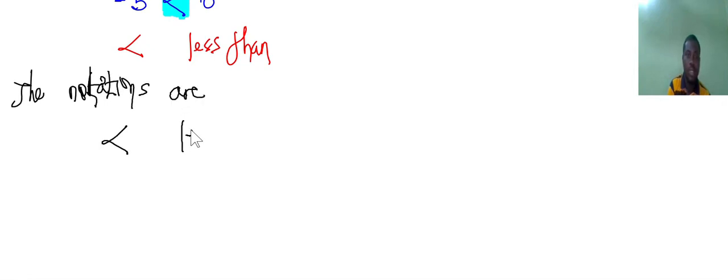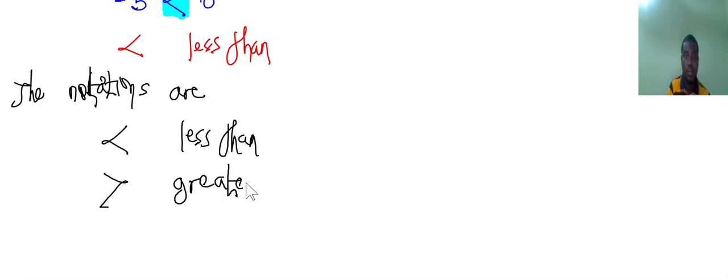So the basic inequality notation: less than, greater than. So here we have less than or equal to.